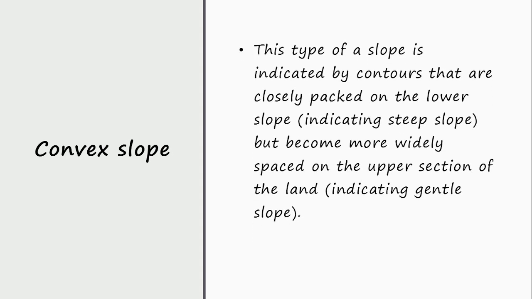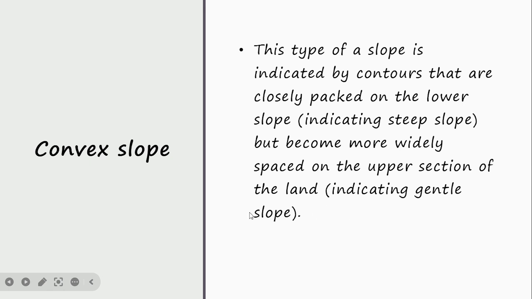Let's see the convex slope. This is a slope that is indicated by contours that are closely packed on the lower slope, indicating a steep slope, but they become more widely spaced on the upper sections of the land, indicating a gentle slope.